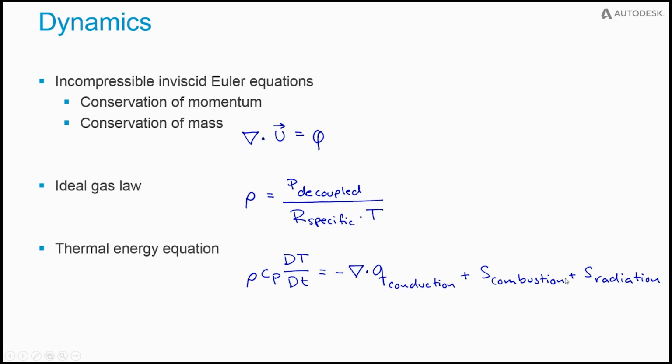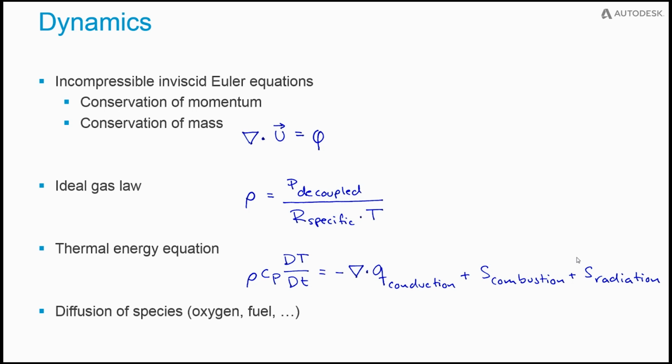And then the second term is a source or sink term. Well, in the case of combustion, actually a source term, because combustion is an exothermic process which generates heat. And then on the final term here on the right, we have the radiation, which can either be a source or a sink, because we have both radiative cooling and we have radiative heating. Now, in addition to all this, we also model diffusion of species, like oxygen or fuel.